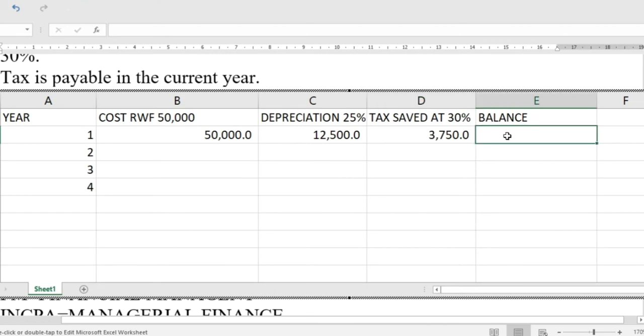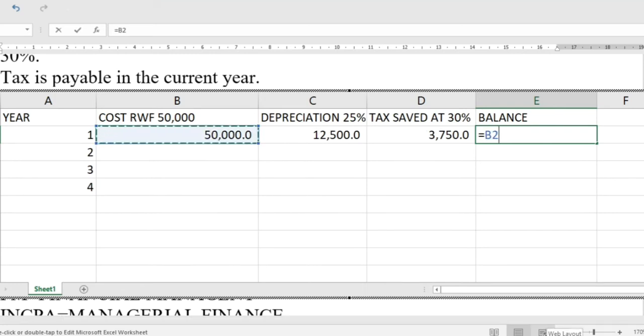Then what is the balance? The balance will be equal to original cost minus depreciation, which is equal to this amount.